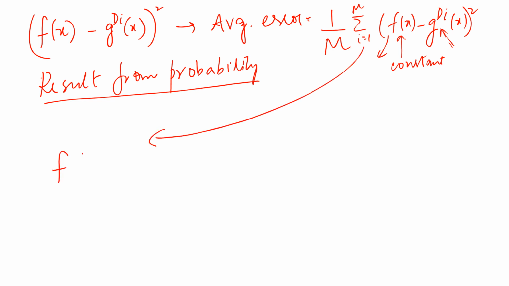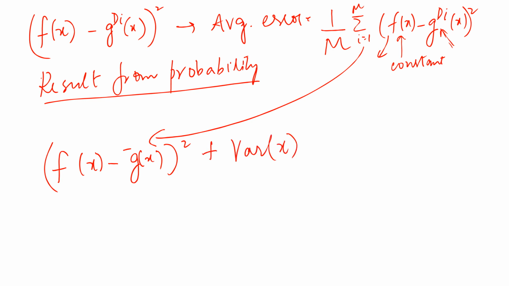So basically it becomes f of x, which is my constant, minus the average of the random variable, which we already calculated, plus the variance of x. There are multiple steps here, mostly algebraic manipulation, and it's also given in the textbook, so you can go and check the exact steps, but it's nothing but algebra, so I'm not jumping into that.